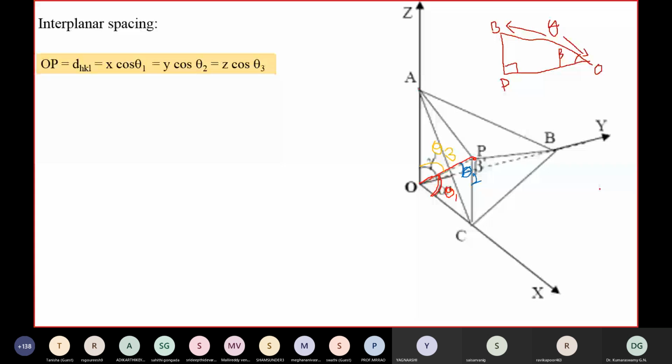Now, the distance between these two planes is represented by OP, which is called interplanar distance.